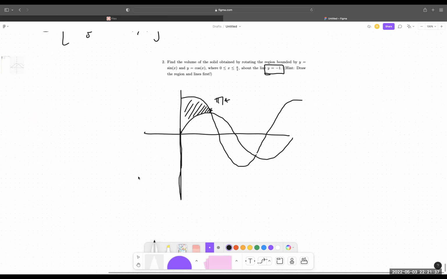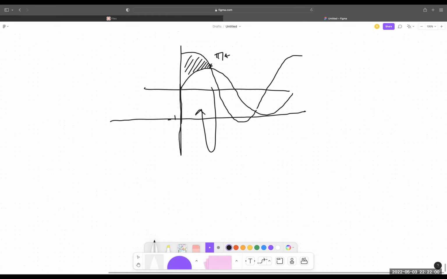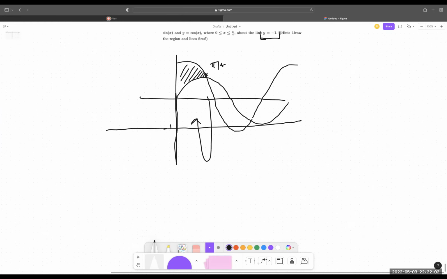So -1 is here. If it were x equals -1, I'd draw something like this, right? But since it's y equals -1, -1 lies somewhere around here, and we have this boundary around which we're rotating this shape. So how would that look?